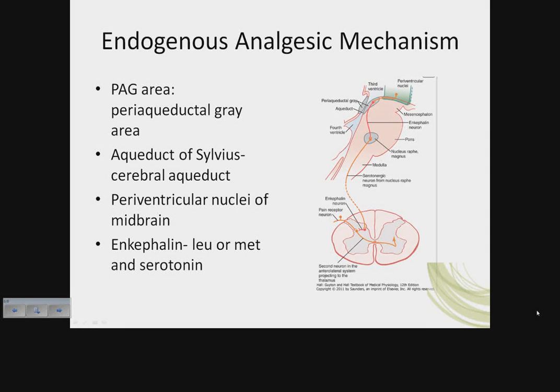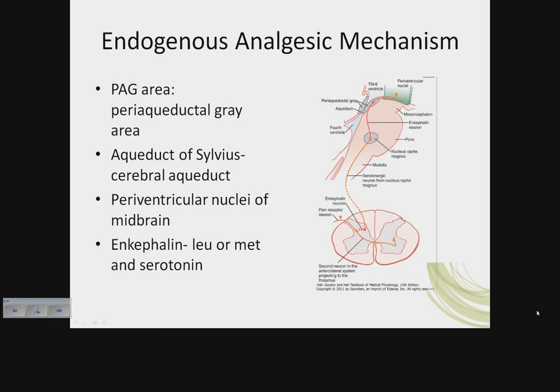Number two, the raphe magnus nucleus and the nucleus reticularis paragigantocellularis. Wow, I just said a whole bunch. Let me just break that down for you. We're talking about cell bodies in the lower pons, upper medulla.